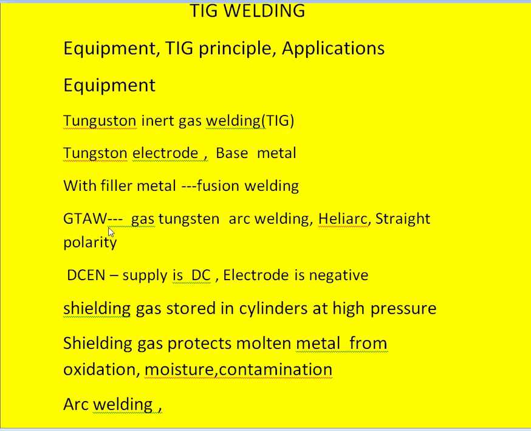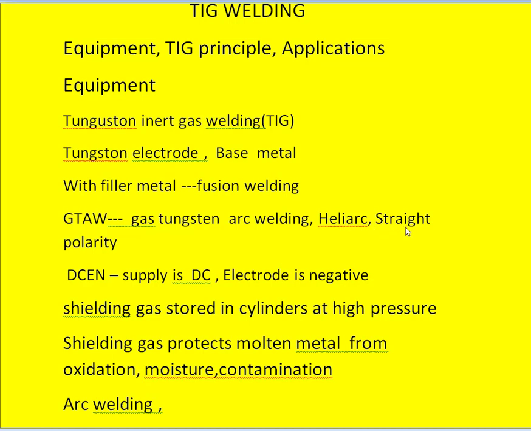As per the American Welding Society, there is another name for this: GTAW, meaning gas tungsten arc welding. Another name is the heli arc welding method, called so mainly because the inert gas used here is helium.